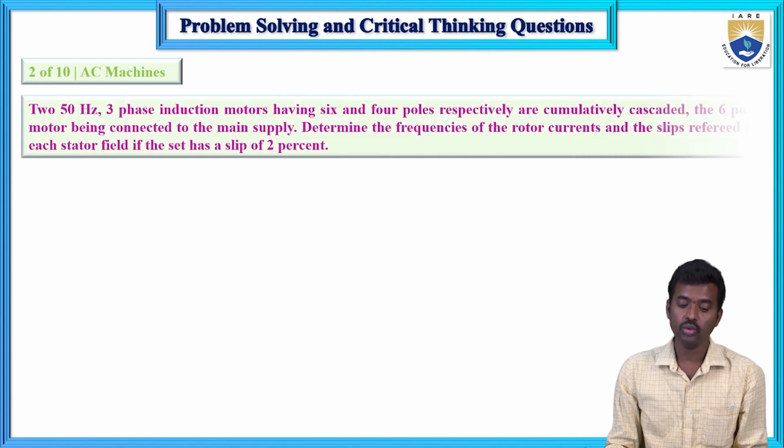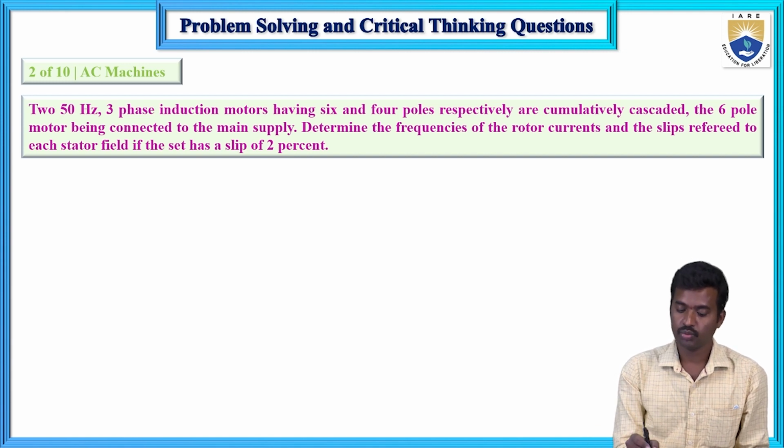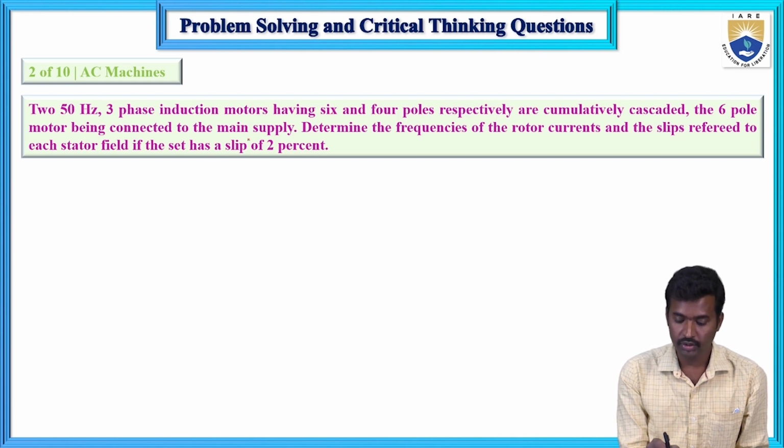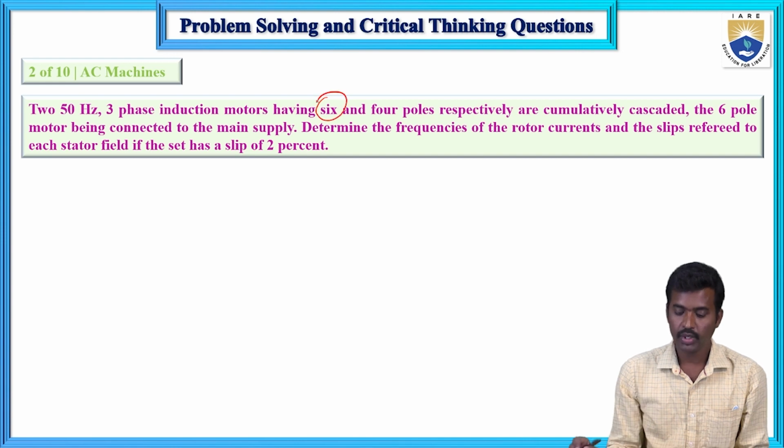In the second problem, two 50 Hz three-phase induction motors having 6 and 4 poles respectively are cumulatively cascaded. The 6 pole motor is connected to the main supply.